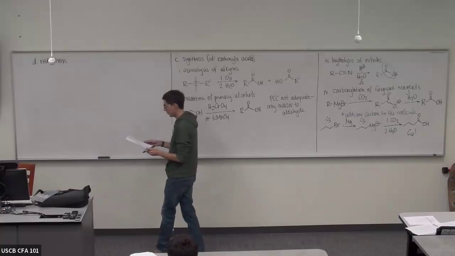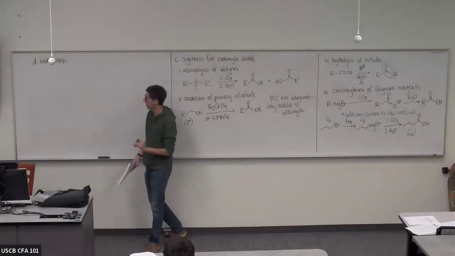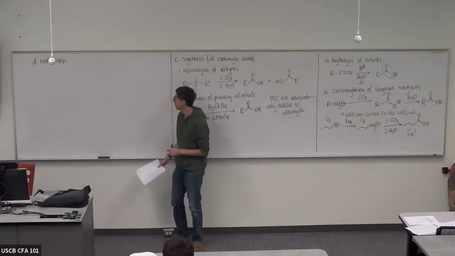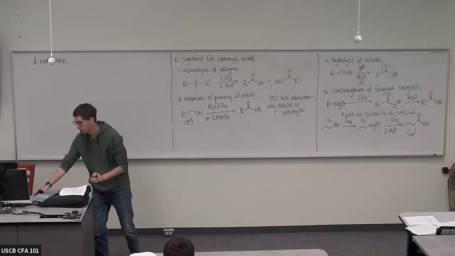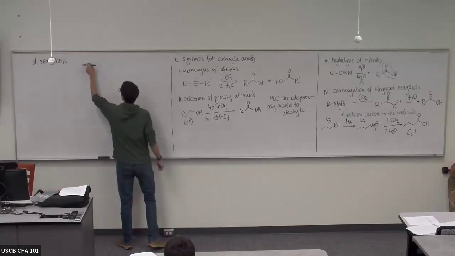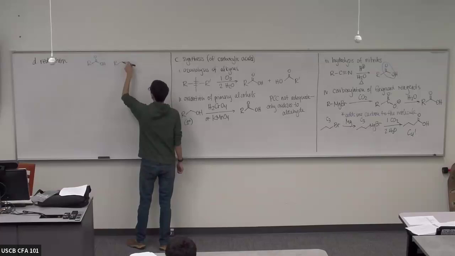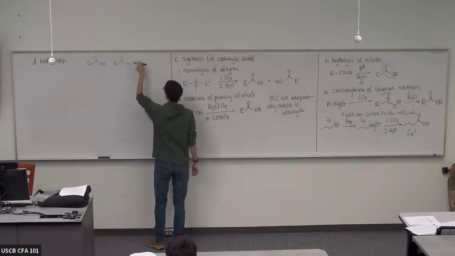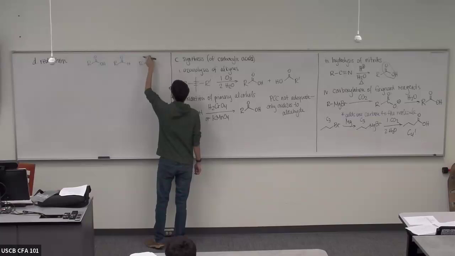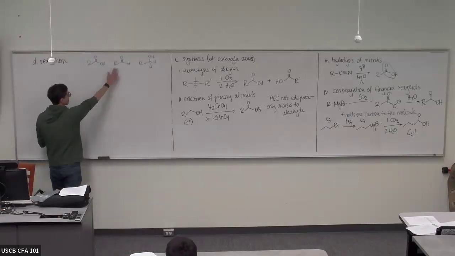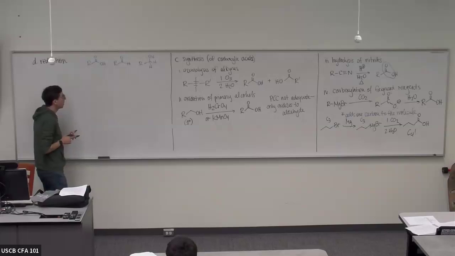This generally is pretty easy to do, but you have to determine in advance if you want to go to an alcohol or an aldehyde. So actually, let me do that first. Okay, so here's our carboxylic acid, aldehyde, and alcohol.